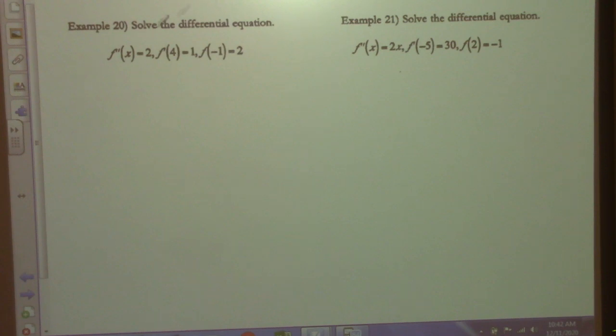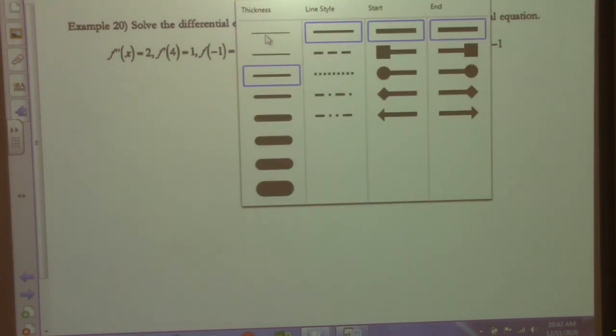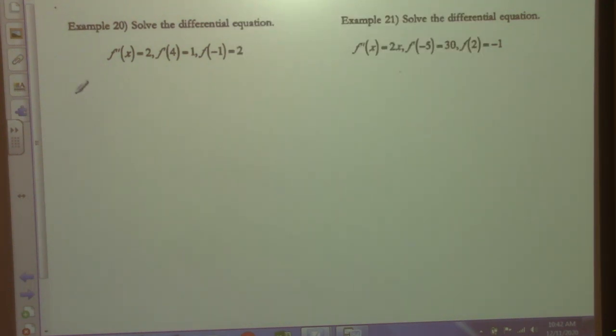Okay, f prime, I'm going to make a skinnier pen here, give myself more room. Okay, we're given this, our initial function we're given is f double prime of x. So f prime of x is where we're trying to go next, is equal to the integral of f double prime of x dx. And so therefore f prime of x is equal to the integral of 2 dx.